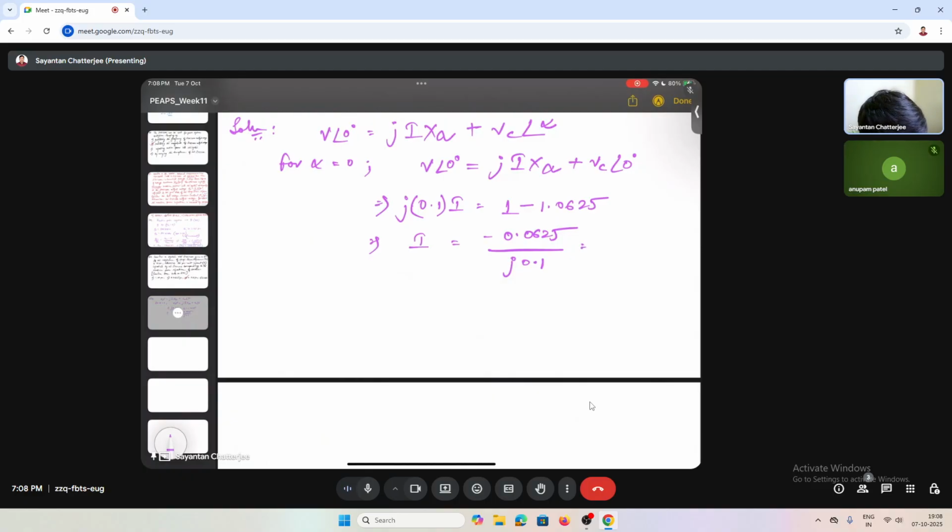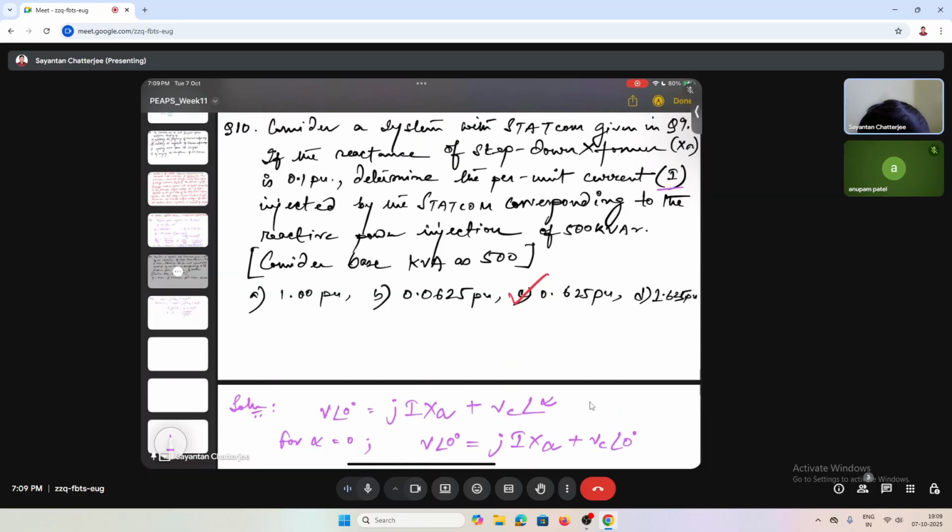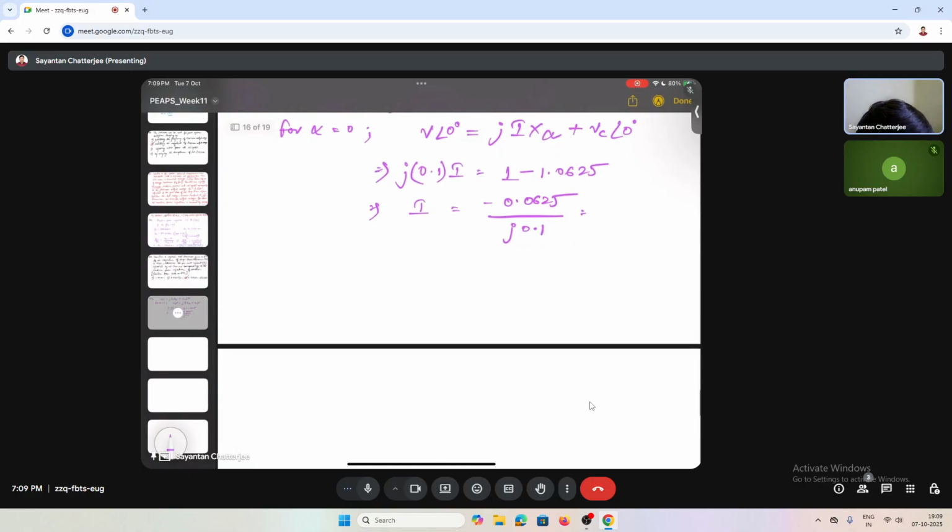Just multiplied with J. Is it somewhere given, determine the per unit current injected? So just per unit current injection required. So it will be 0.625, so 0.625 will be the magnitude if we consider. So only magnitude is required.